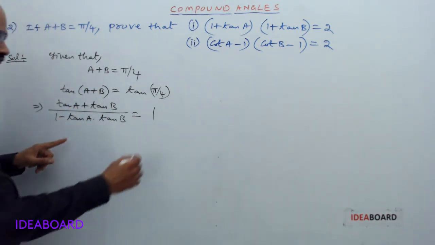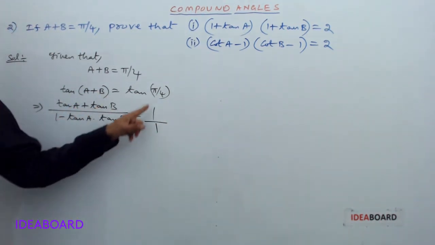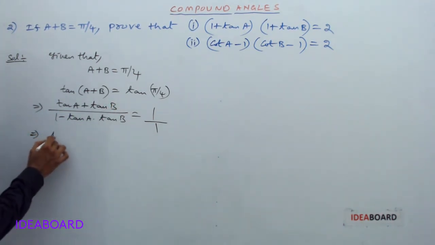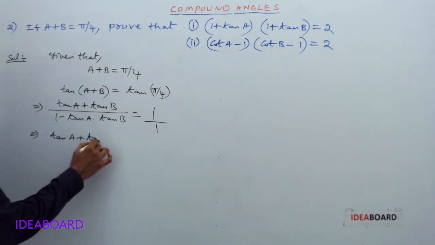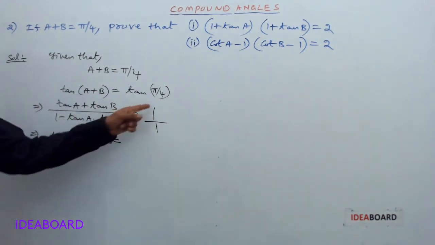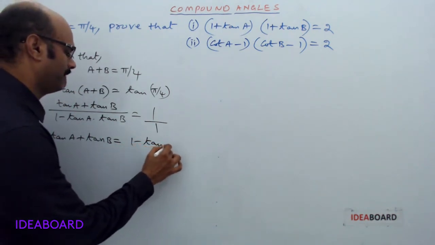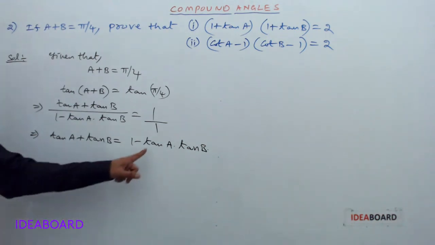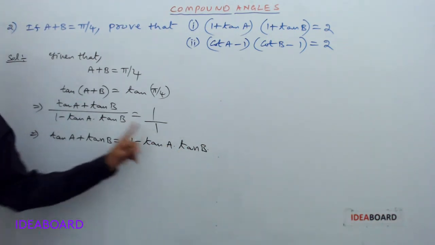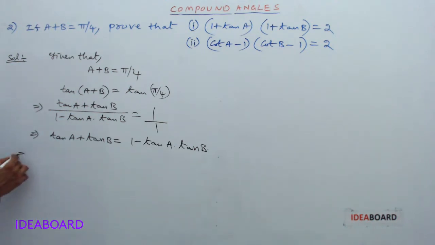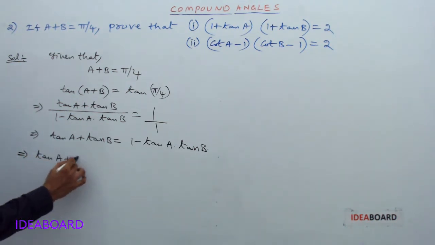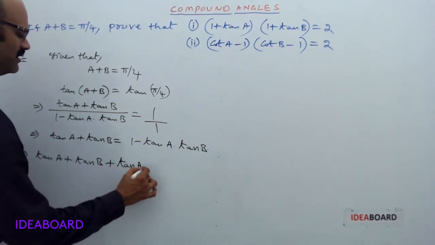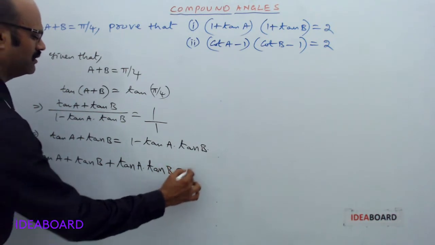Now on cross multiplication we get tan a plus tan b equal to 1 minus tan a tan b. Now write minus tan a into tan b from RHS to LHS. It implies tan a plus tan b plus tan a into tan b equal to 1.